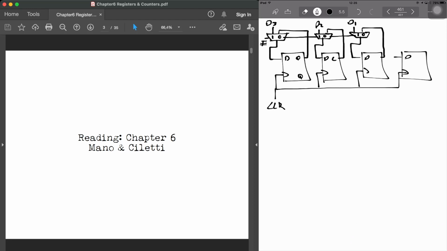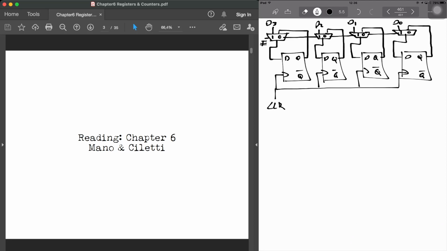And also the Q, this is Q prime and Q. And then the last one, so 1 and 0, again enable, D0. And this feeds into Q and Q bar.